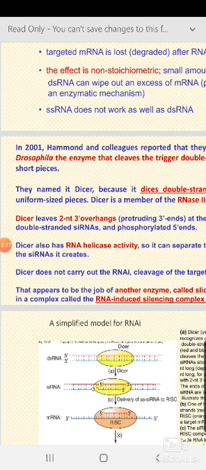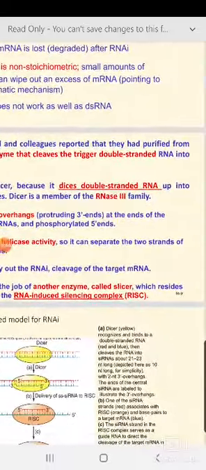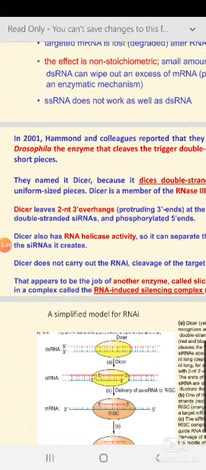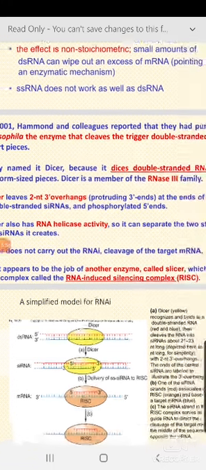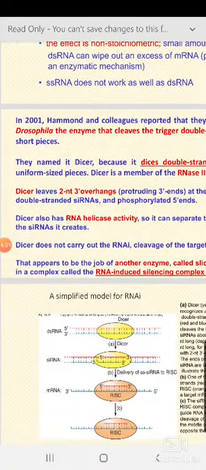The big one, I'm not calling siRNA. After nuclease digestion, what I'm getting is small double-stranded RNA, that I'm referring to as siRNA. The enzyme they purified from Drosophila cleaves the trigger double-stranded RNA into short pieces. They named it Dicer. Remember the enzyme is named Dicer because it dices double-stranded RNA up into uniform size pieces.